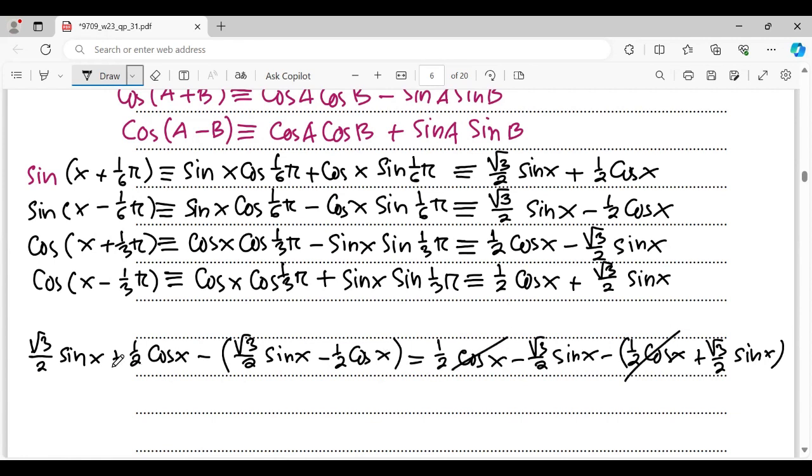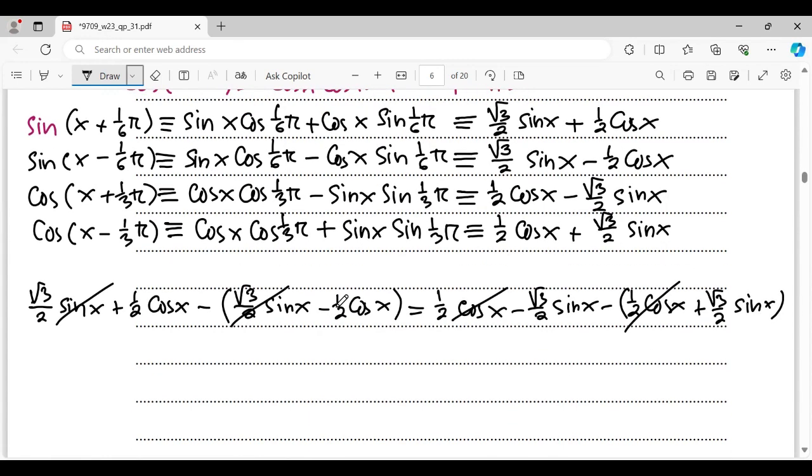The left side becomes 0. Okay, and it means half plus half, one cosine x.